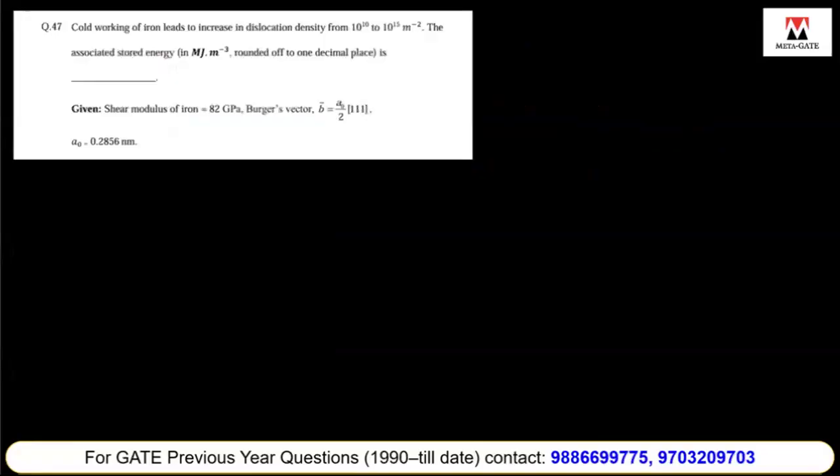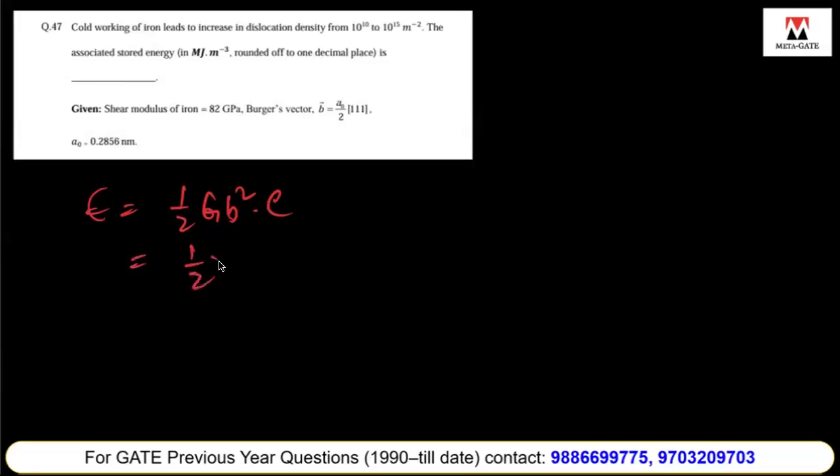The cold working of iron leads to an increase in dislocation density from 10 power 10 to 10 power 15 per meter square. You need to find the associated stored energy in megajoules per meter cube. The shear modulus is given as 82 GPa and Burgers vector is given as root 3 A by 2. The associated total stored energy is half G b square into dislocation density. It is generally per meter, and now it is per meter cube.